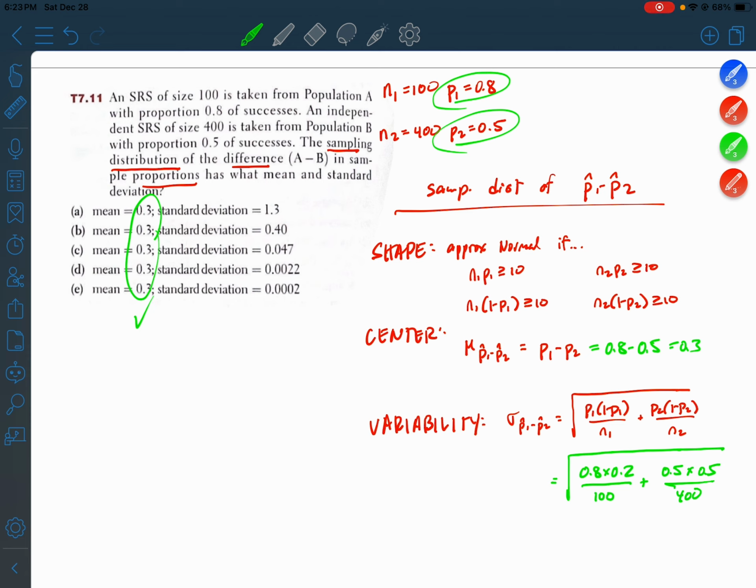I'm just going to calculate this off screen and you can hear me repeating the numbers. 0.8 times 0.2 over 400 plus 0.5 times 0.5 over, oh, I think I typed in the wrong number. So the first one is 100. The second denominator is 400. As long as I didn't make any mistakes, I'm getting 0.0471, which would make C the correct answer choice.